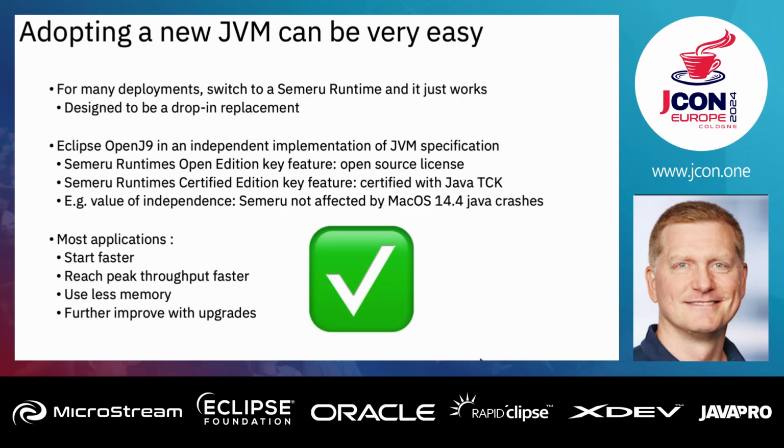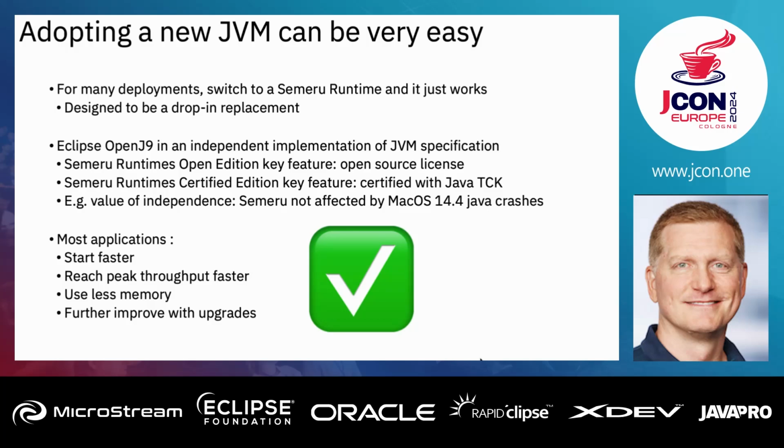And most of the time that's successful. However, if you use some things around the edges, things that are not specified in the JVM spec, or rely on those, then you can hit some issues. So let's see. I did want to make this point about the independence. Sometimes it's really valuable to have an independent implementation because, for example, I don't know if all of you heard there was a problem with macOS 14.4 where all of a sudden Java stopped working on Macs.